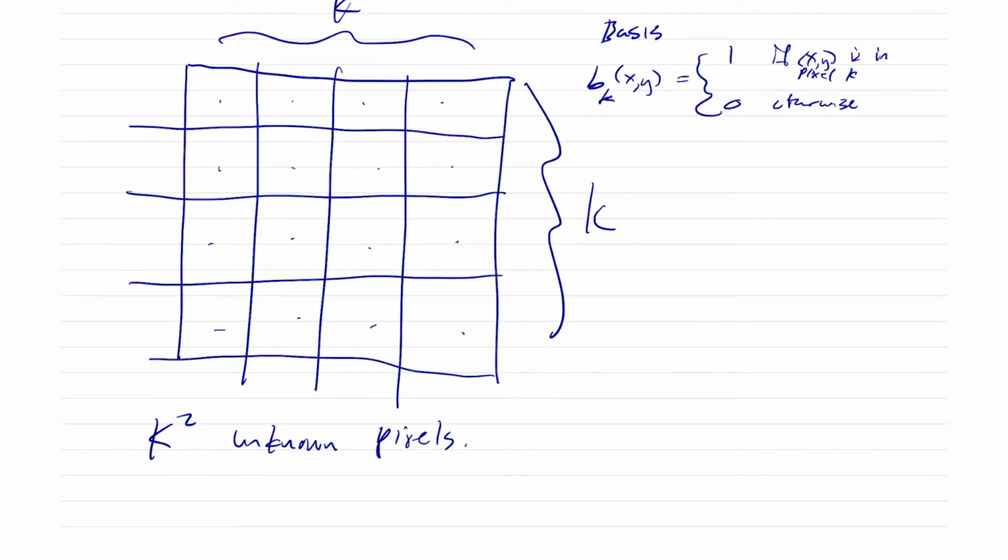Say if this was 1 2 3 4 5 6, and we're taking a look at little b6 of xy, essentially if xy is in here, then we get a 1, and we're 0 everywhere else.